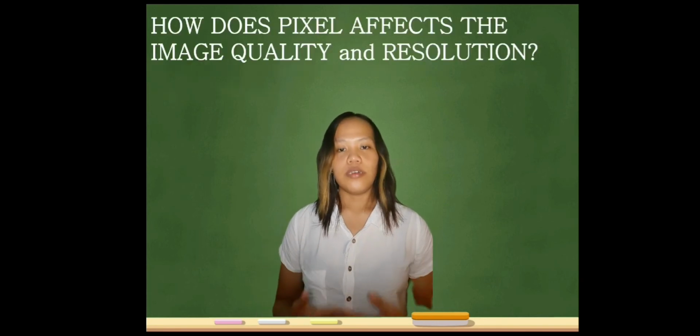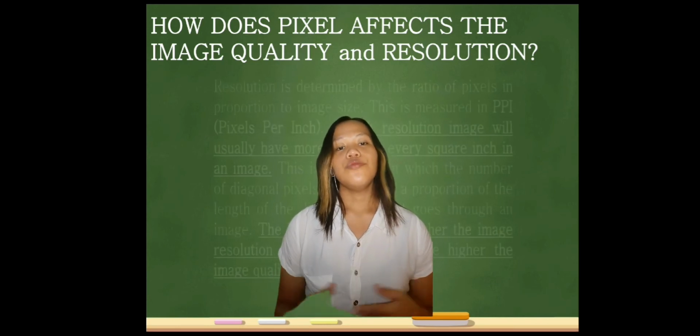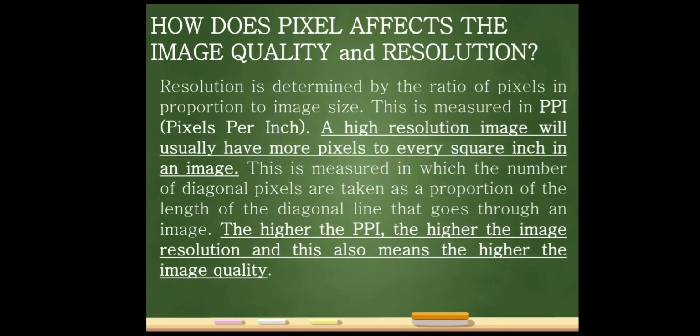So, how do pixels affect the image quality and resolution? Resolution is determined by the ratio of pixels in proportion to image size. This is measured in PPI, pixels per inch. A high-resolution image will usually have more pixels in every square inch of an image.